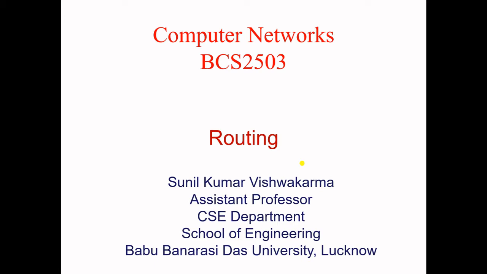But if the subnet uses virtual circuits internally, routing decisions are made only when a new virtual circuit is being set up. Therefore, data packets just follow the previously established route. It is sometimes useful to make a distinction between routing, which is making the decision which routes to use, and forwarding.